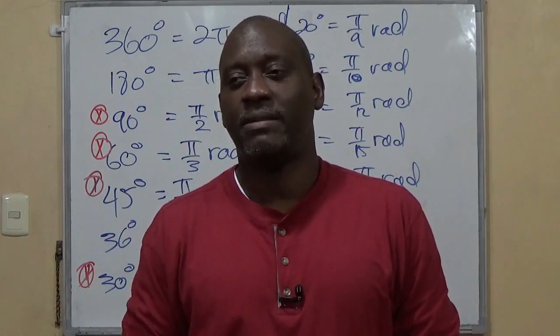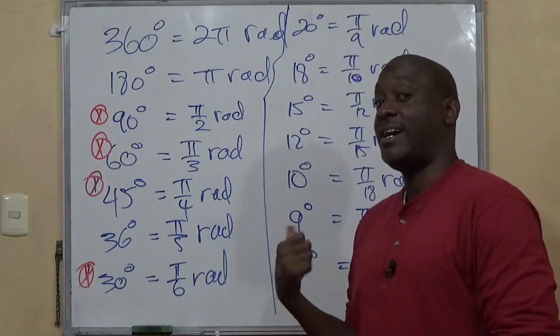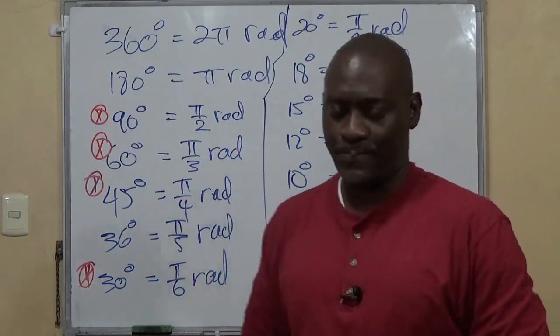So when students come and tell me, I don't understand how 90 degrees is pi over 2 radians, I send them right back here to this video.